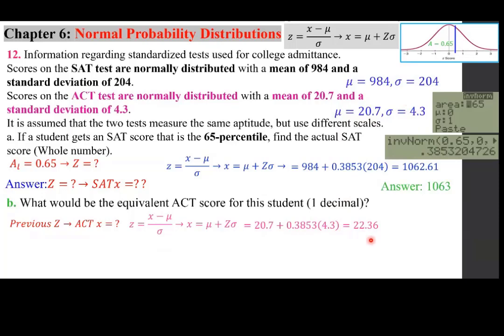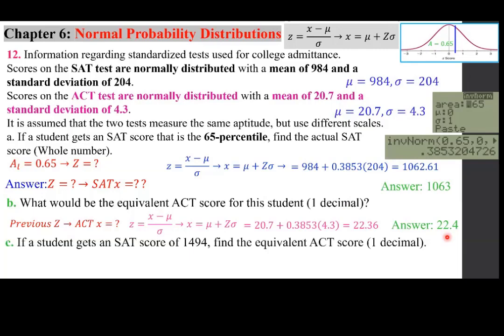That means the SAT score of 1063, and we're going to round this also because we want to go with 1 decimal, corresponds to an ACT score of 22.4.